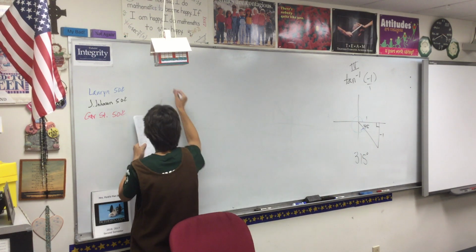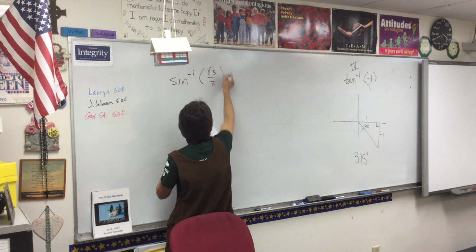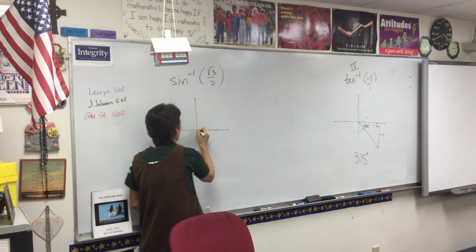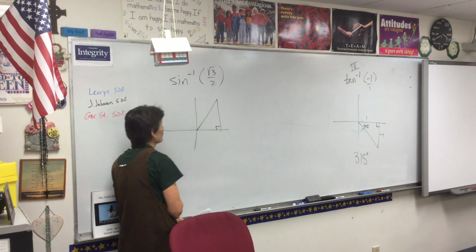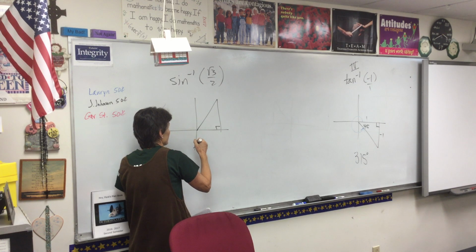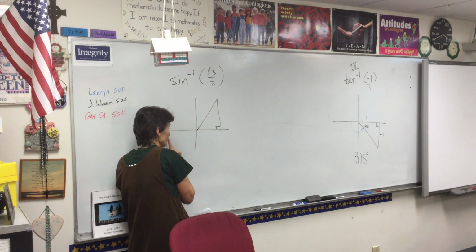This one, where are you going to draw this one? Where's that going to be drawn? 1. Yeah. If it's positive, it's going to be drawn in quadrant 1. Where did the root 3 and the 2 go?